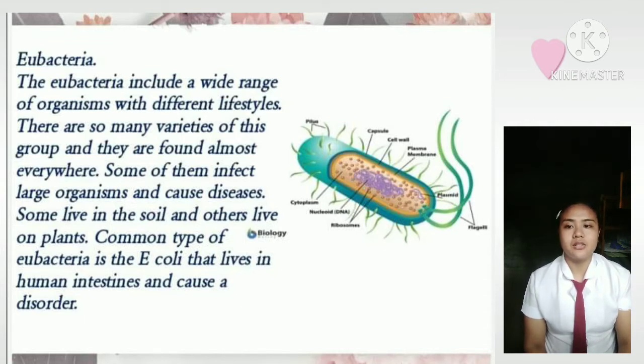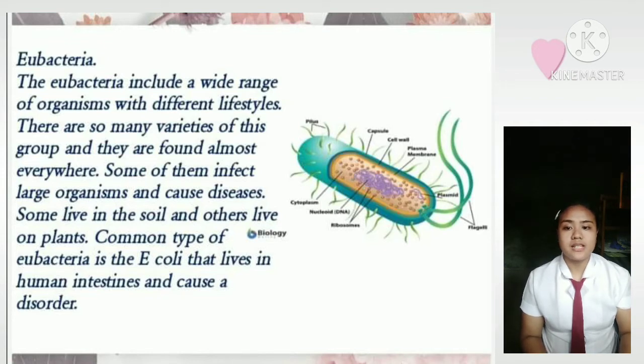So, sinasabi ang eubacteria ay sinasabing malawak ang range niya, organism. And many varieties of this group and they're found almost everywhere. So, mayroon din siyang large organism and cause disease niya is malawak din.